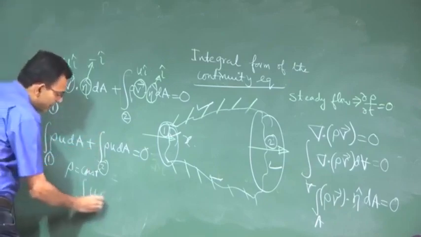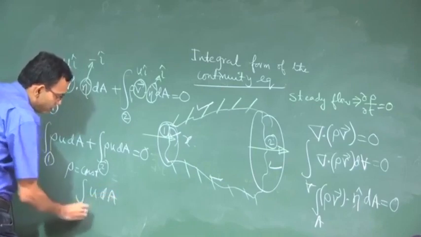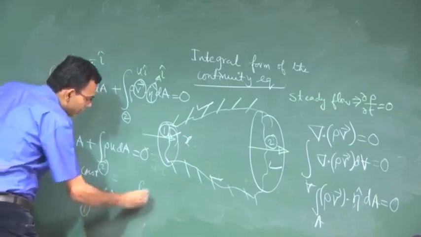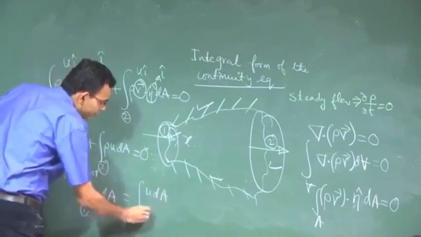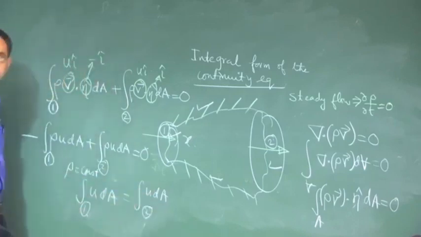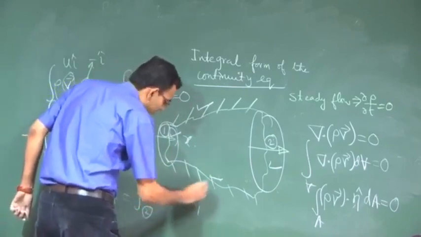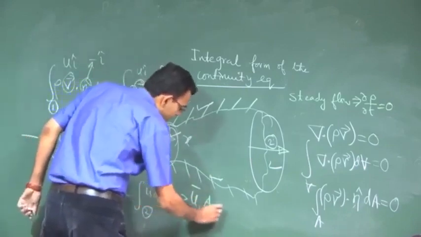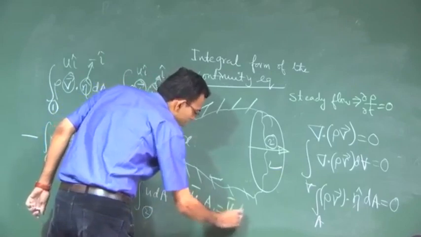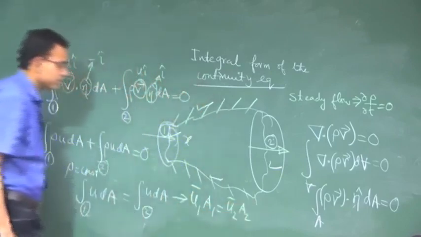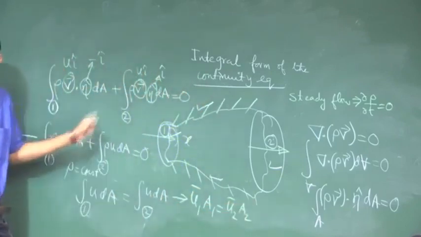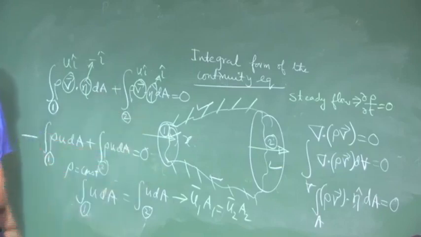So you are left with integral u dA over 1 is equal to integral u dA over 2. By the definition of average velocity, this is u1 average into A1 and the right hand side is u2 average into A2. So this is the so called A1 V1 equal to A2 V2.